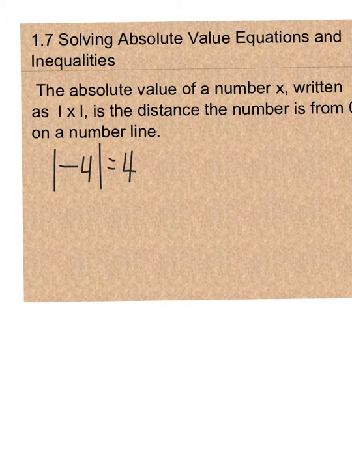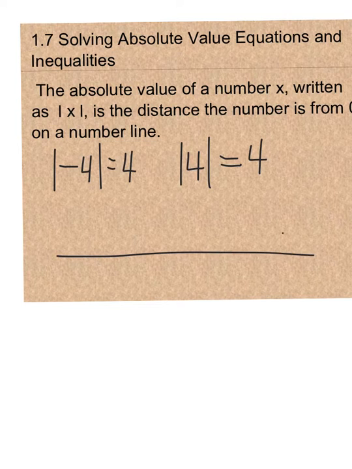And if I looked at the absolute value of +4, that's also +4. So the absolute value of any number is positive. And remember, the absolute value is the distance that number is to 0 on a number line.